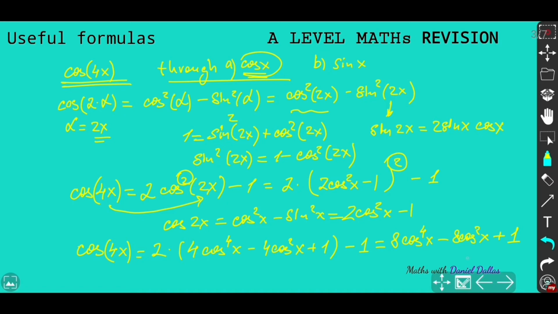In the same way, you can try to express it through sine x. Try to do it by yourself, it's not really hard. The principle stays the same except you need to express everything through sine x.